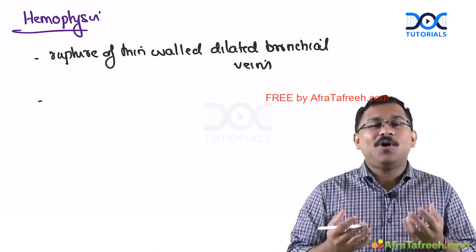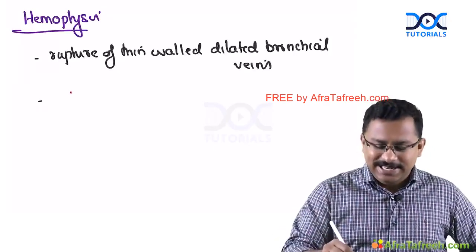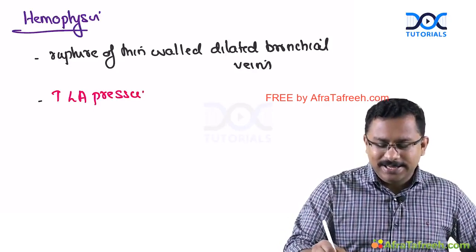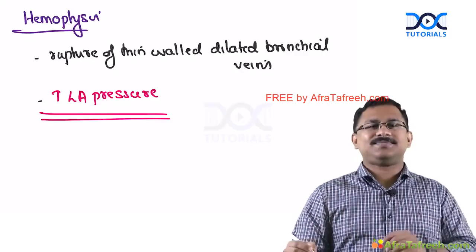And why do these bronchial veins rupture? It is because of a rise in the LA pressure. So the increase in LA pressure is going to lead on to the rupture of the vessels.